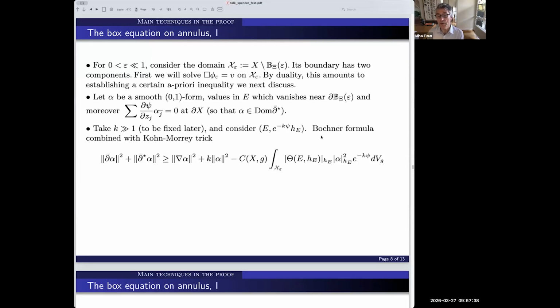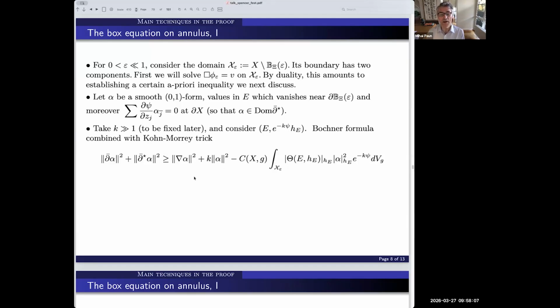But then in the Bochner formula, there is always the curvature term, and in our case it looks very unfriendly, right? Because it's simply the norm of this tensor times the norm of alpha squared with the minus sign. Here, C is a constant which depends on the curvature of the ambient manifold on X. More precisely, it depends on the Ricci curvature on the trace.